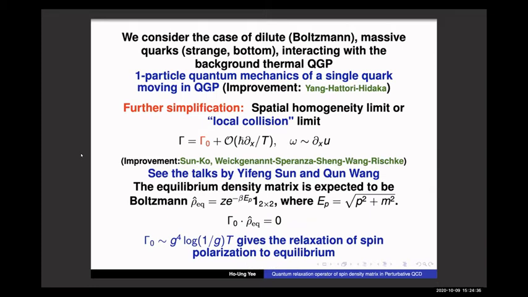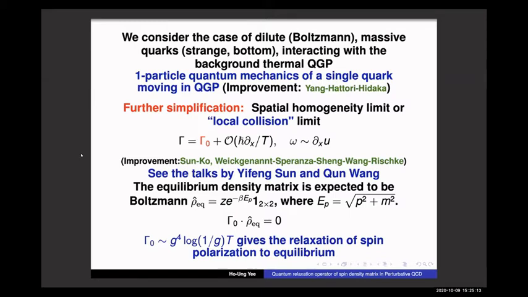So as I explained, we are going to consider a simple case of massive dilute quarks, which means that we are not going to consider the spin statistics here. So basically, the equilibrium distribution is expected to be Boltzmann in our approximation. And I should mention that there has been an improvement on that by Dillon, Koichi, and Yoshimasa.